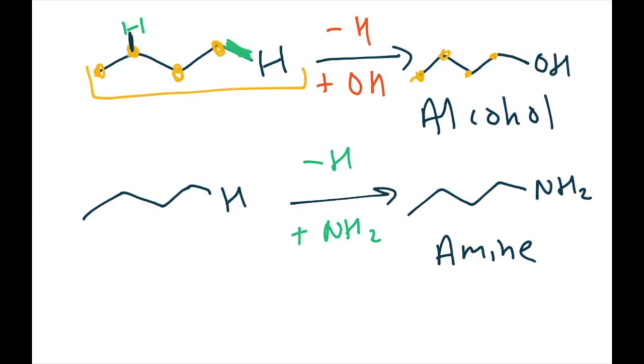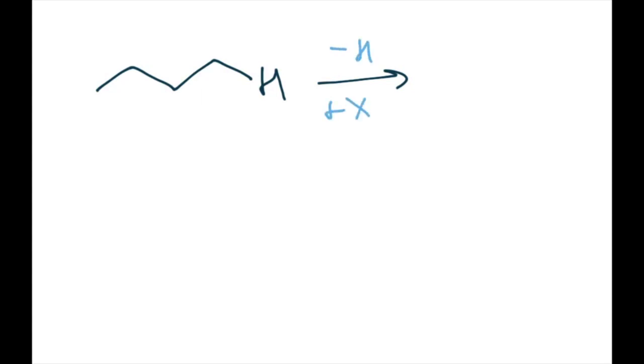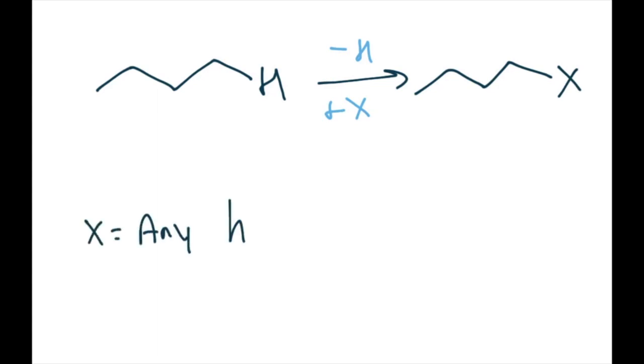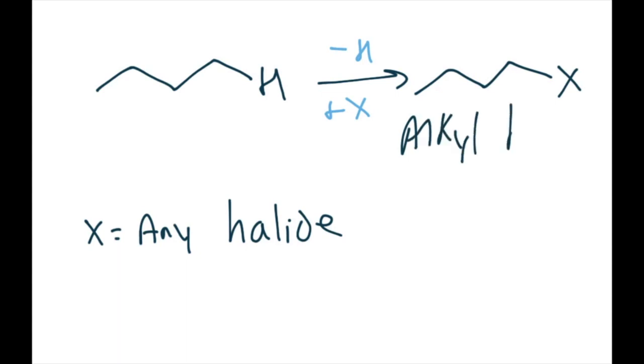The last thing here is, we have an H, we remove that H, and then we add X. Now, X is any halide. This is our abbreviation for halides. So this would be an alkyl halide.